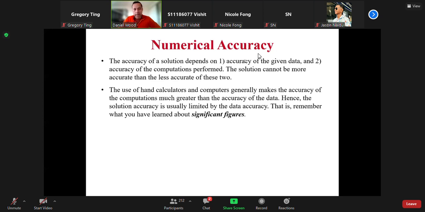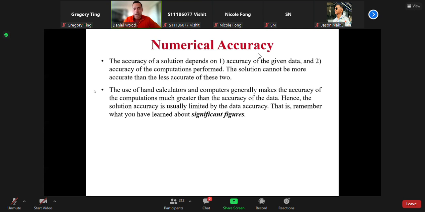So here we've got: the solution depends on the accuracy of the given data, and 2, the accuracy of the computations performed. The solution cannot be more accurate or less accurate than these 2. Okay, and I would always apply that. Sometimes I saw last semester in MM211, some people going to 5, 6 decimal places.